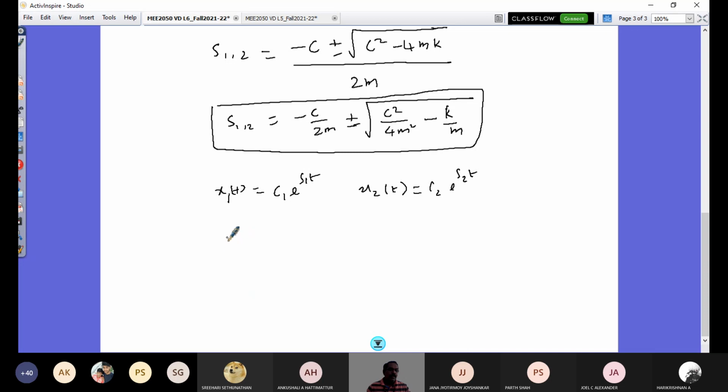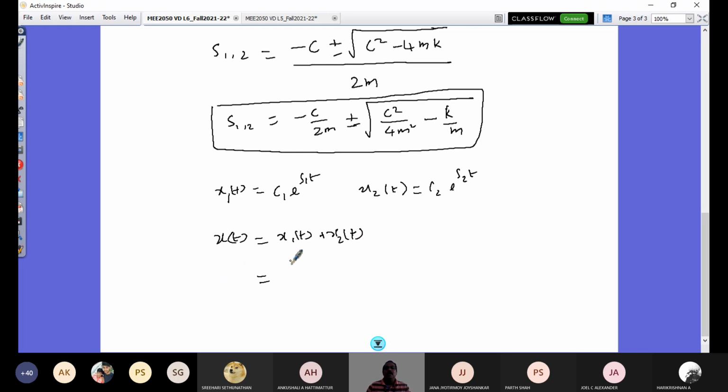This is a linear vibration model, and the governing equation is a homogeneous ordinary differential equation. So the total response can be the addition of these two, x1 of t plus x2 of t. The principle of superposition holds good in a linear system.